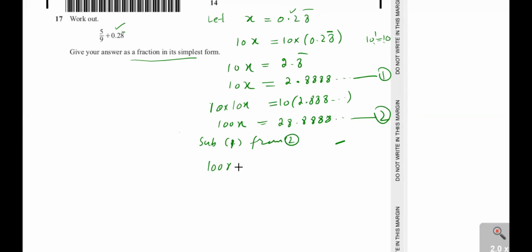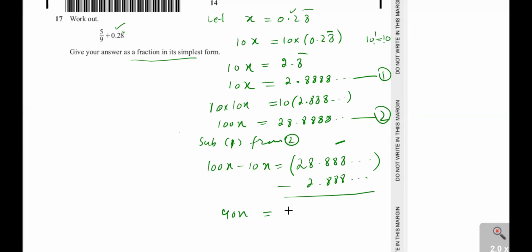We get 100x minus 10x, and this is 28.888... minus 2.888..., and this will be equal to 90x equal to 26, and x equal to 26 over 90. 2 times 45 is 90, 2 times 13 is 26, therefore 13 over 45, this is the value of 0.28 bar.